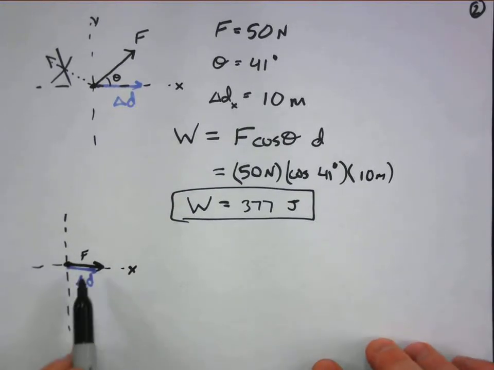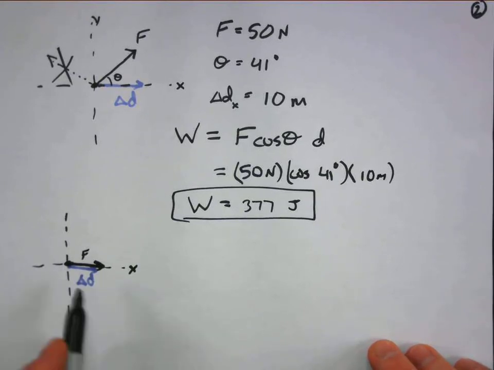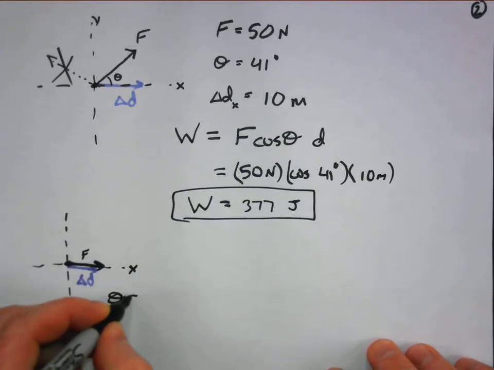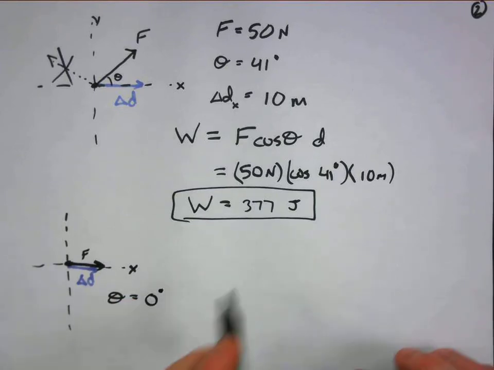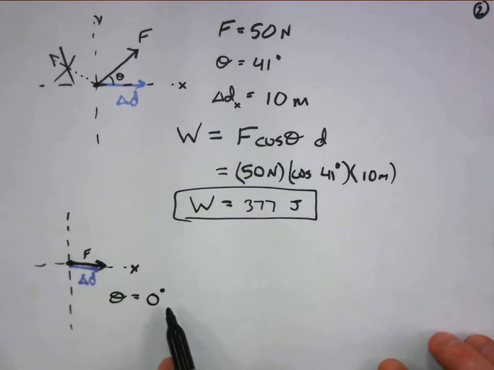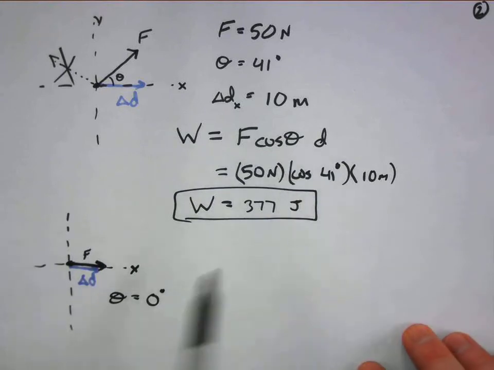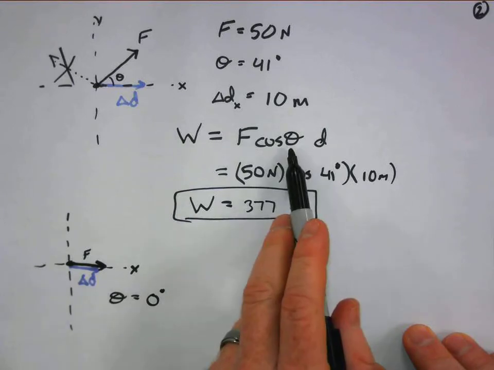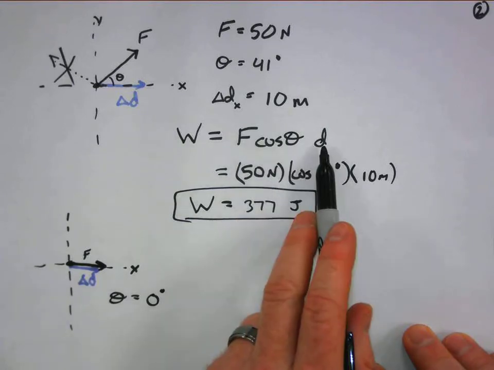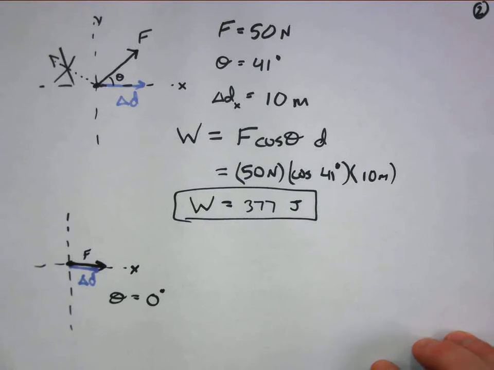Well, think about this. What's the angle between those two things? In this case, the angle between those two arrows is 0 degrees. What's the cosine of 0? Cosine of 0 is just 1. So when they're truly in the same direction, this equation goes back to just force times distance. Use the whole force.